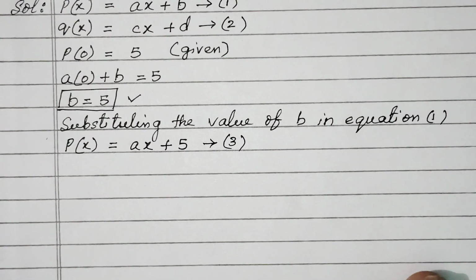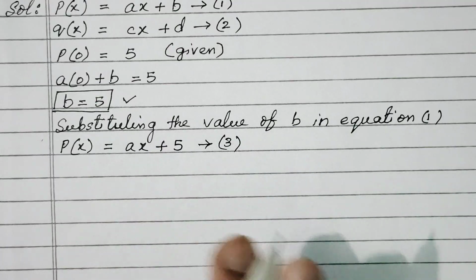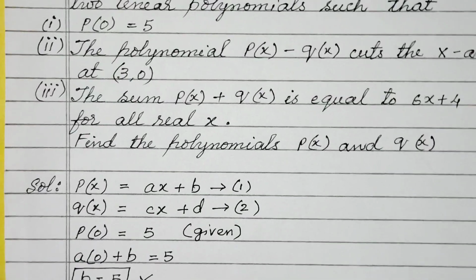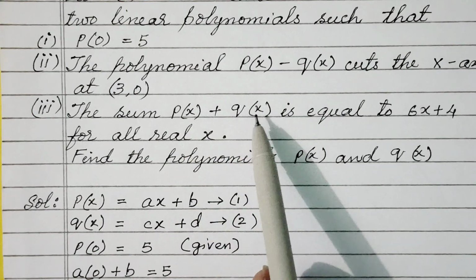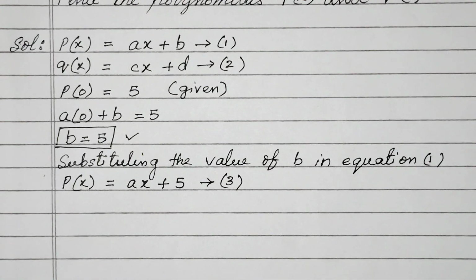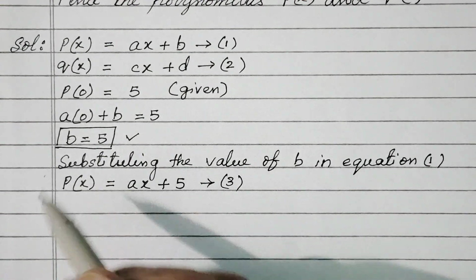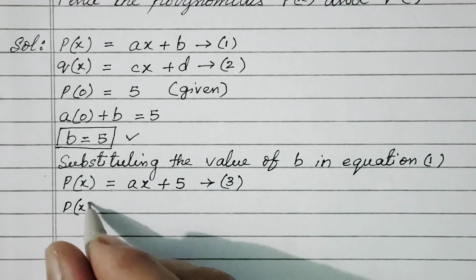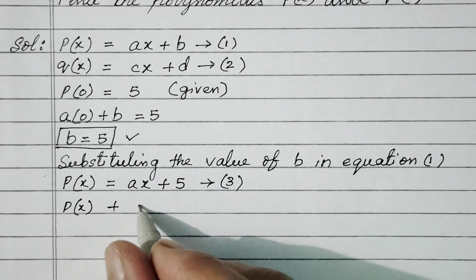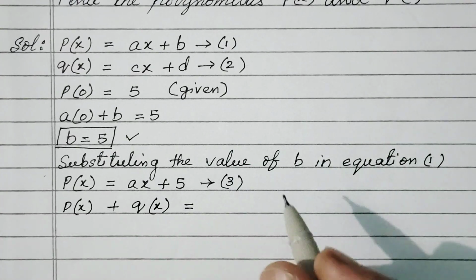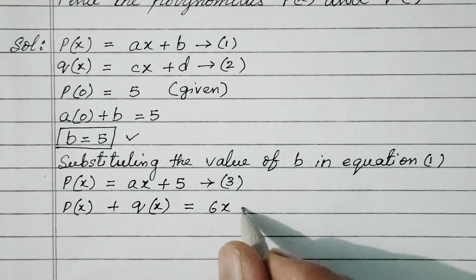Okay. Now we have been given that p(x) plus q(x) is equal to 6x plus 4. We'll take this first. So we have been given p(x) plus q(x) is equal to 6x plus 4.